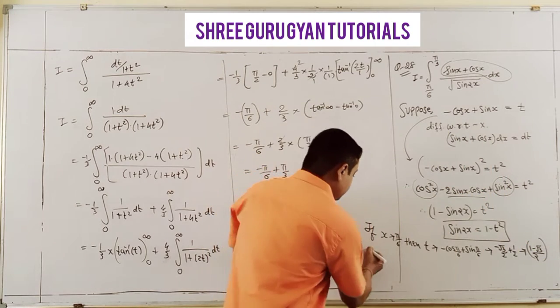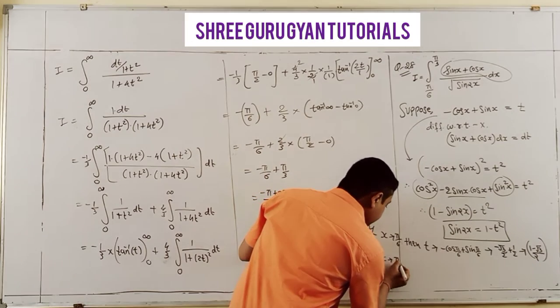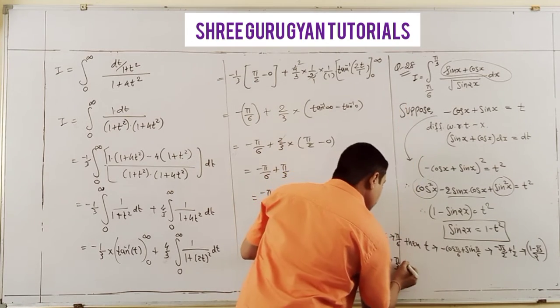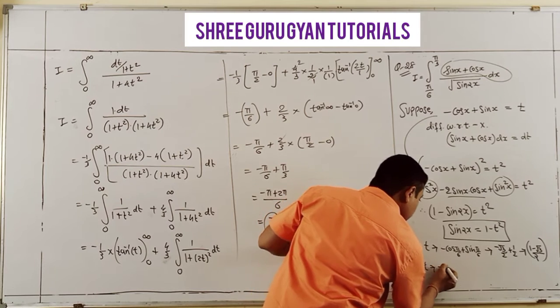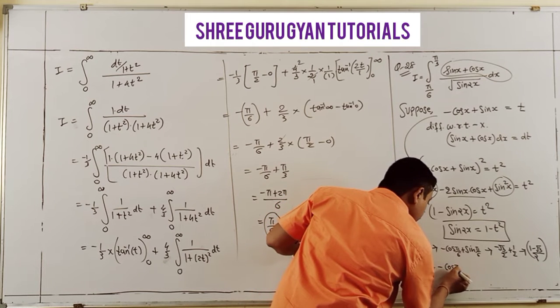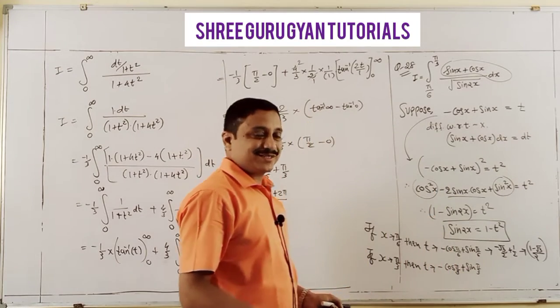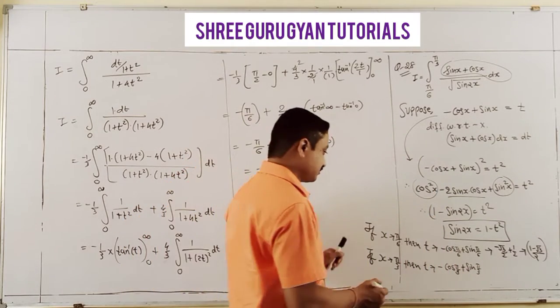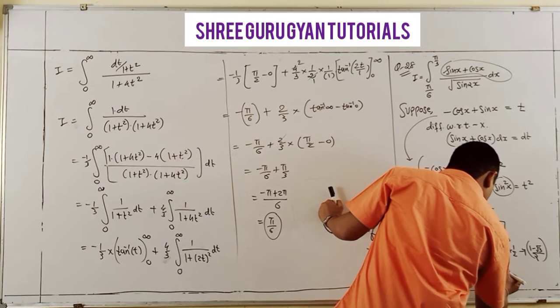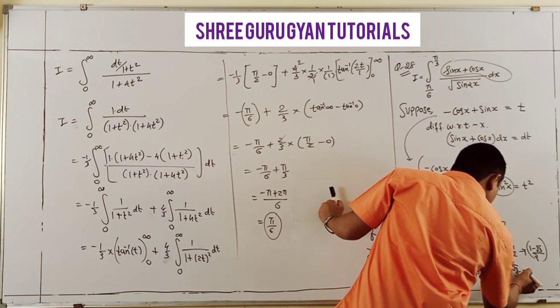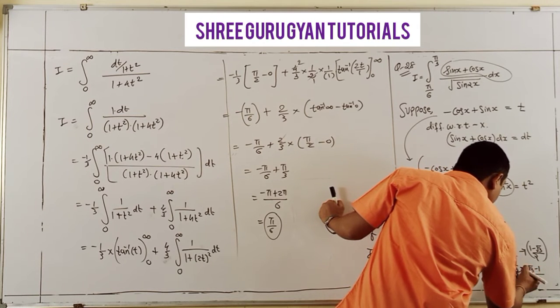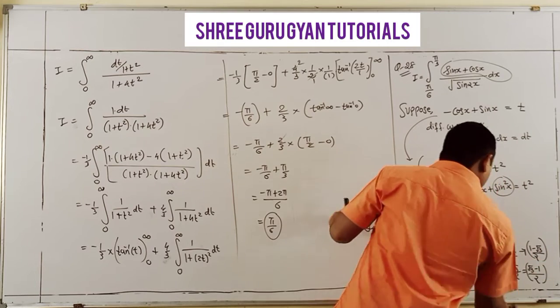And next, if x tends to pi by 3, then t tends to minus cos pi by 3 plus sin pi by 3. And attach their values: cos 60 is half, and sin 60 is root 3 by 2. So root 3 minus 1 by 2. These are your new limits.